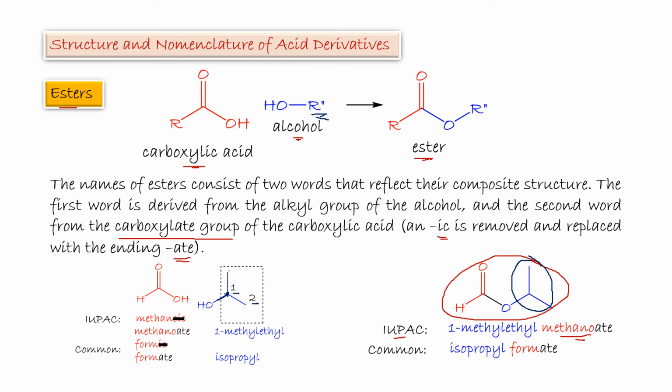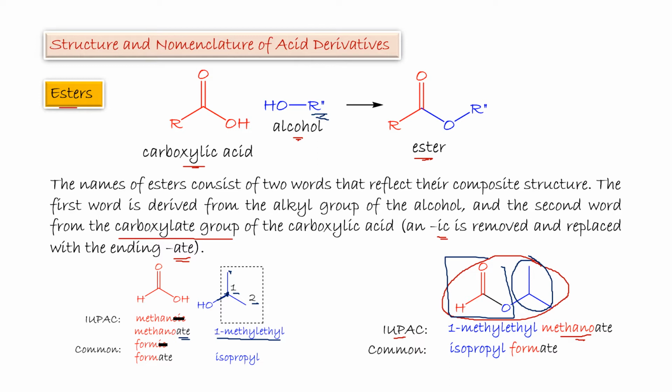On number 1 we have methyl, so this group is called 1-methyl ethyl. And this acid is methanoic acid. Take the IC out, and put the ATE, so it will be 1-methyl ethyl methanoate.